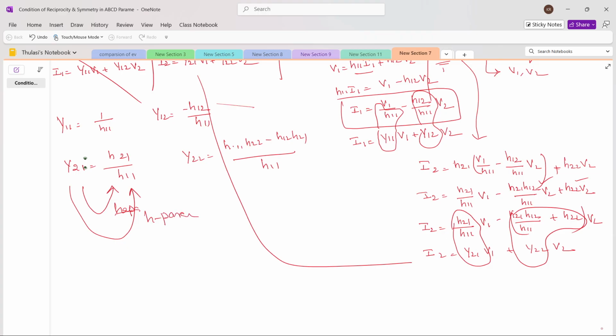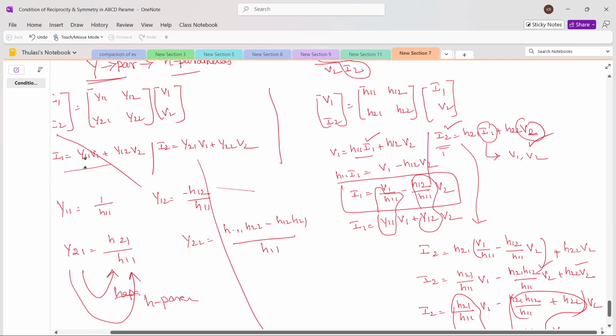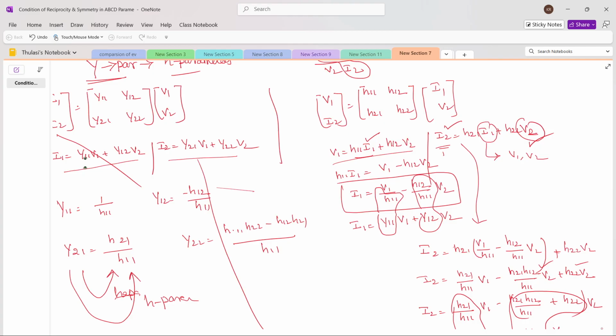If you are unable to understand, it's well and good. Just practice it once or twice. The methodology I'm expressing: first write down the expressions of y parameters and the expressions of h parameters. Identify which equation is in terms of v1 and v2. When you find it, you can get these answers.